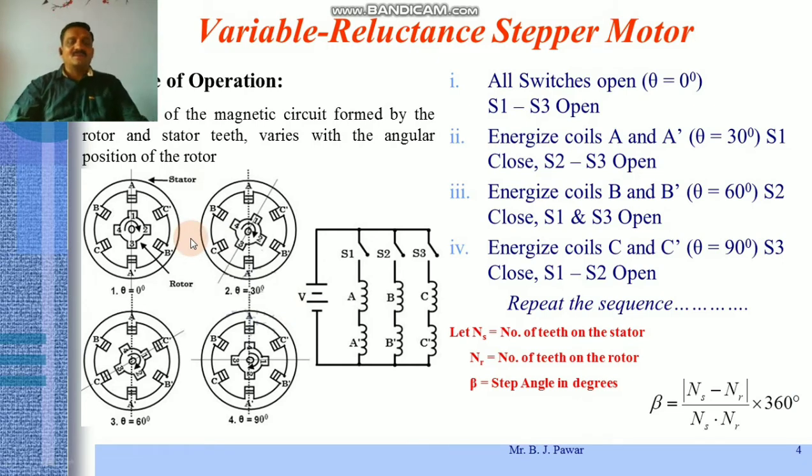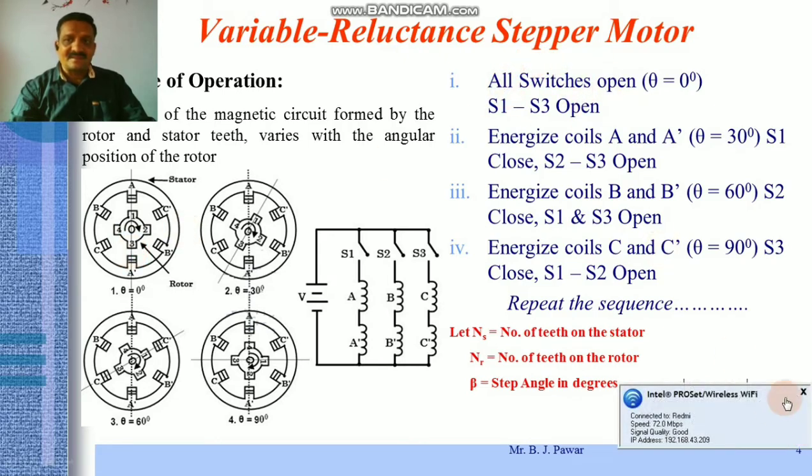And whenever we power each phase by an external DC pulse, there will be a rotation of this rotor by a particular angle. So here that angle is shown as 30 degree. Now see, as per this equivalent, if all switches are open, then the teeth of the rotor get aligned with the teeth related to phase A dash of the stator, as shown.